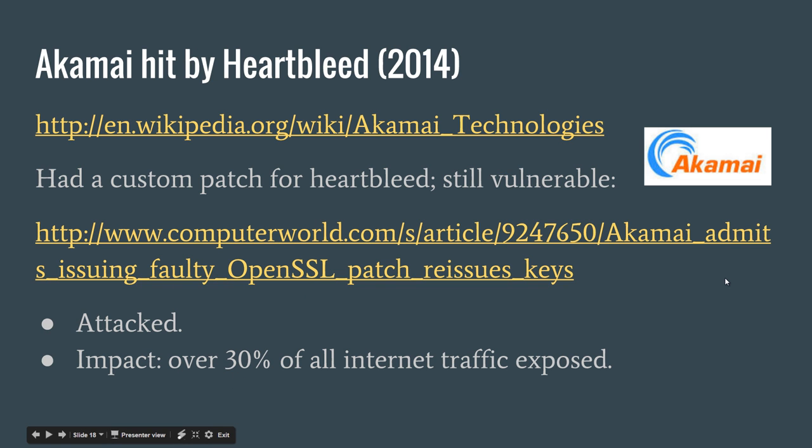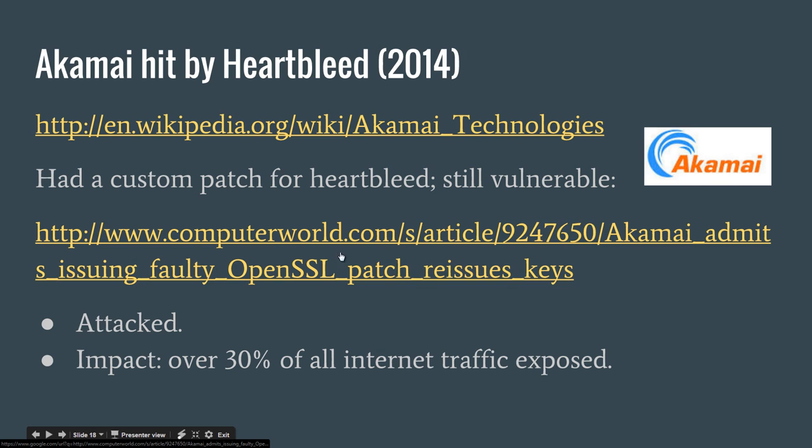One of the largest cases from Heartbleed was Akamai. They are a major content delivery network for most sites on the internet, and they had a custom patch that they rolled on their own for Heartbleed, but it proved to be still vulnerable, and attackers discovered how to exploit the remaining vulnerability from their custom patch. And it was found that they were attacked.